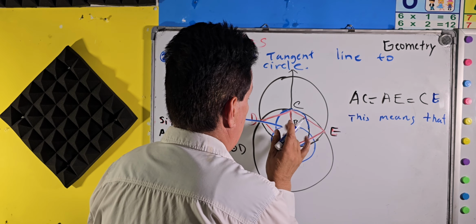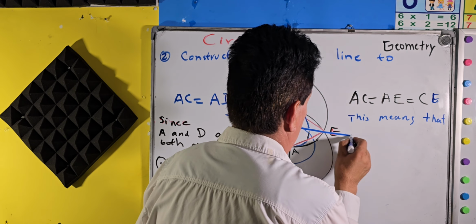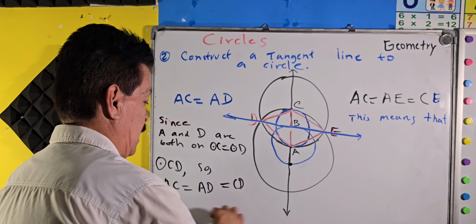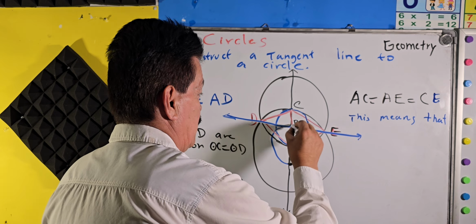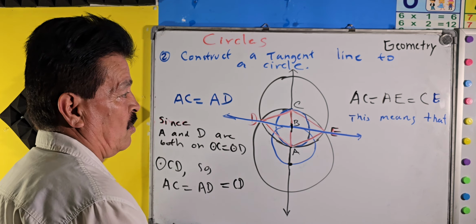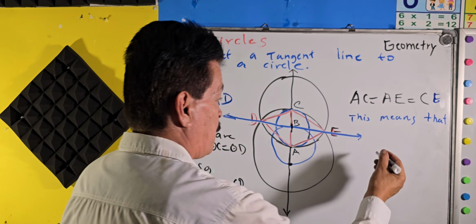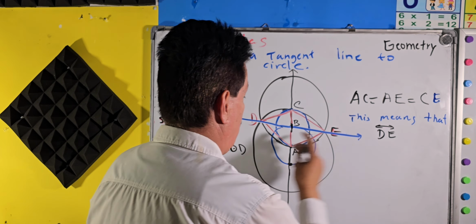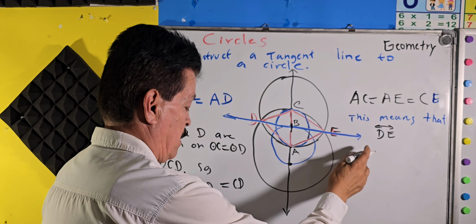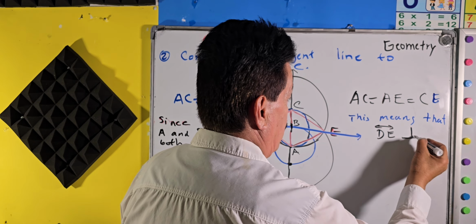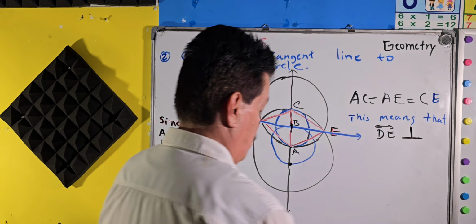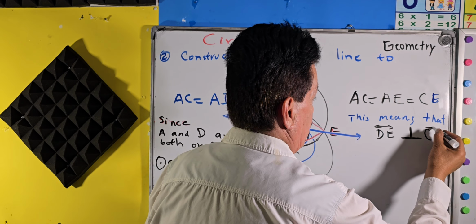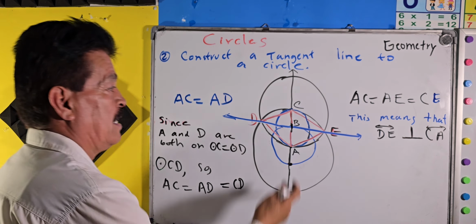That's the line. This means that this DE right here is perpendicular to CA. All right, CA.